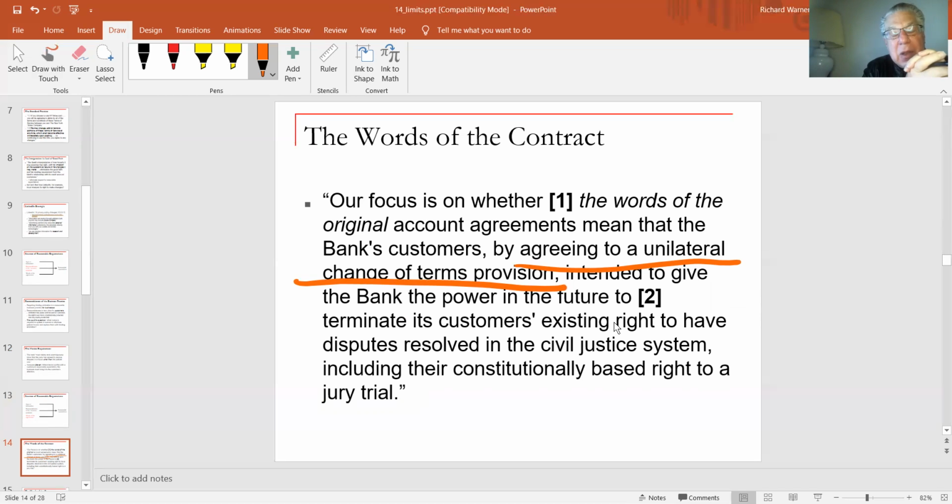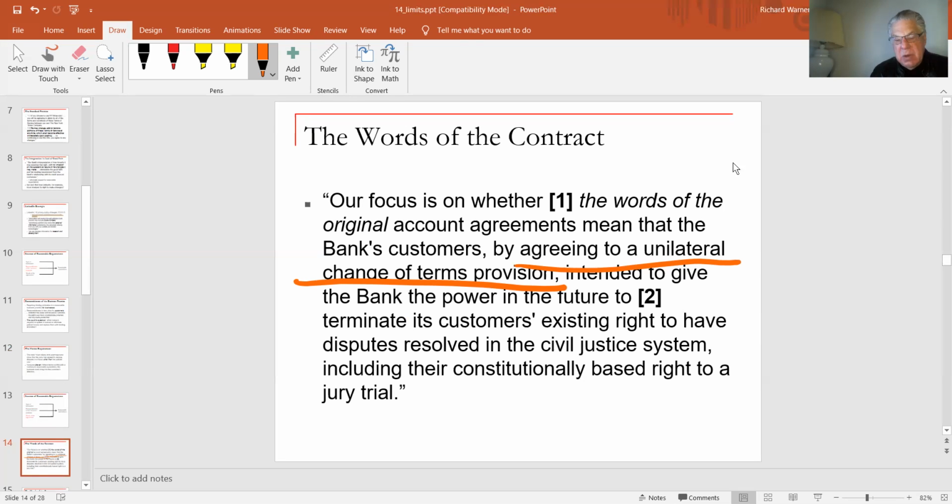So in short, they're going to read the contract and decide whether an account holder reading that original contract would think, well, I'm agreeing to let them make a change as big as taking away my right to go to a jury trial. Or would they think they're not agreeing to that? So they read the words of the contract and ask what reasonable expectations about future changes that would generate.